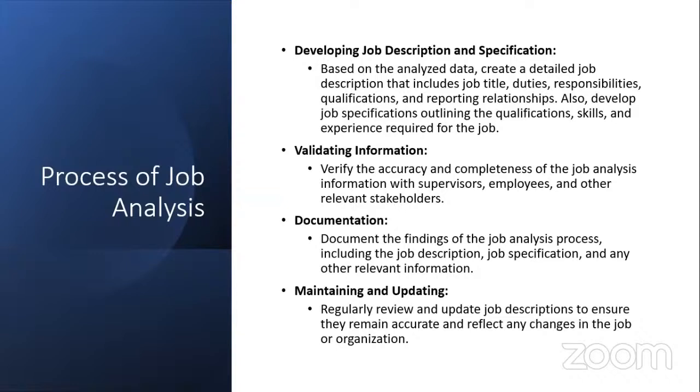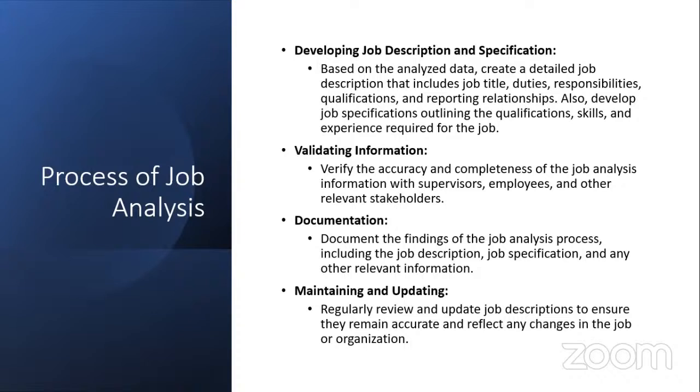We are continuing with the process of job analysis. Develop job description and specification. Based on the analyzed data, create a detailed job description that includes job title, duties, responsibilities, and qualifications, including reporting relationships. Sometimes when there's no job description about somebody reporting to another person, there will be a conflict.